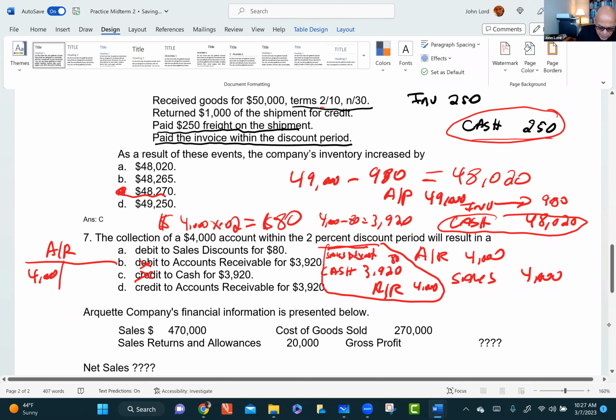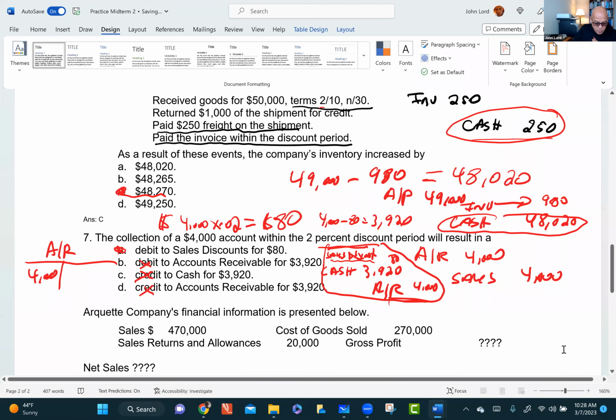It's not a credit to accounts receivable for 3,920, because I'm getting rid of the entire accounts receivable. So I have to credit that for the full 4,000. And I didn't give you the answer to this one. Aren't you glad you came to class today? And then I had to debit the sales discount, which is exactly what I did. Okay.